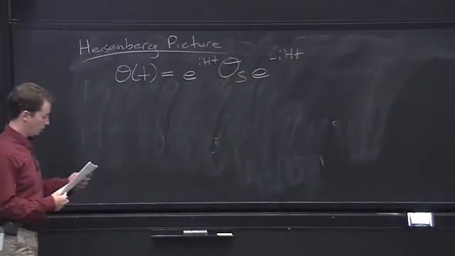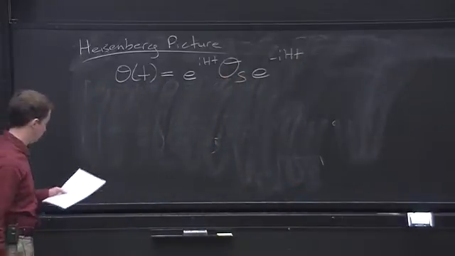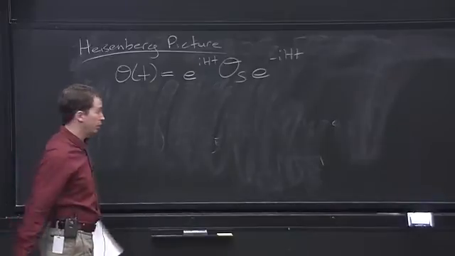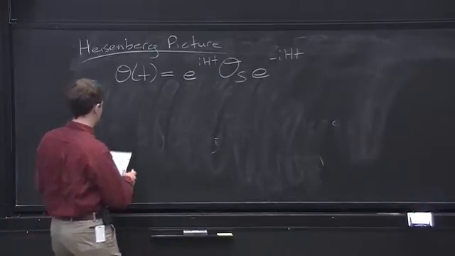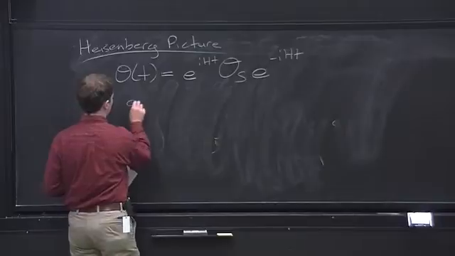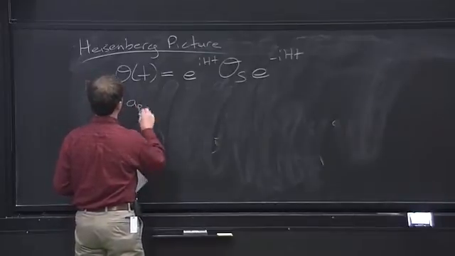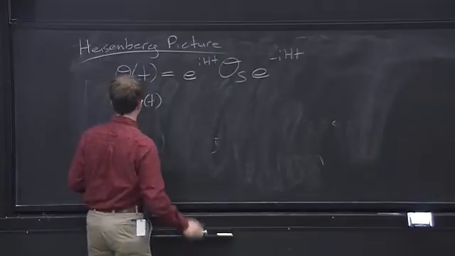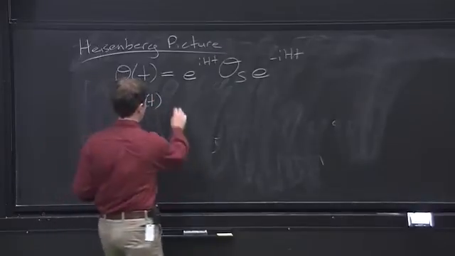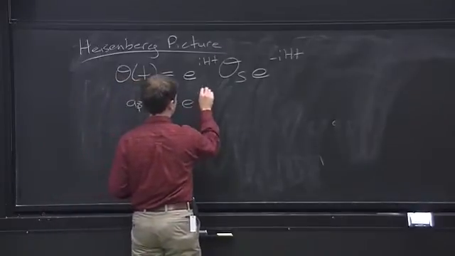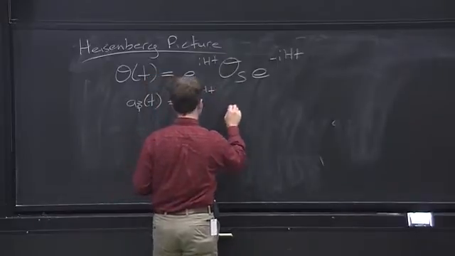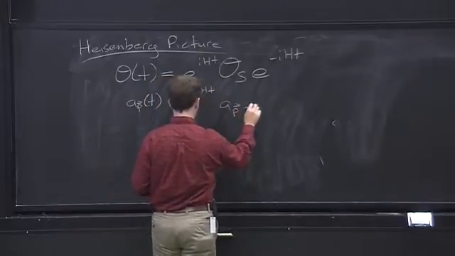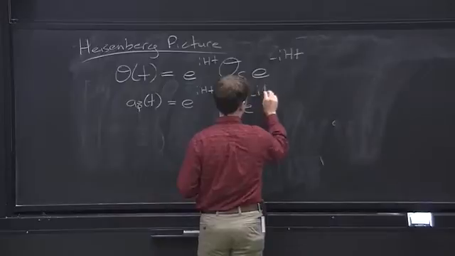And so if we want to figure out how our creation and annihilation operators evolve with time, we can write the Heisenberg picture creation or annihilation operator as a_p of t, and this is just e to the iHt a_p e to the minus iHt.